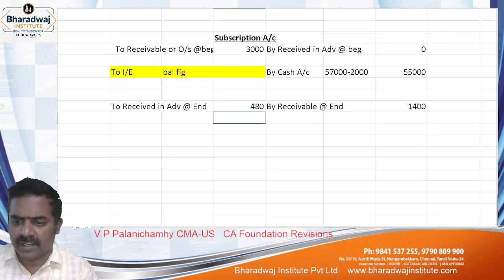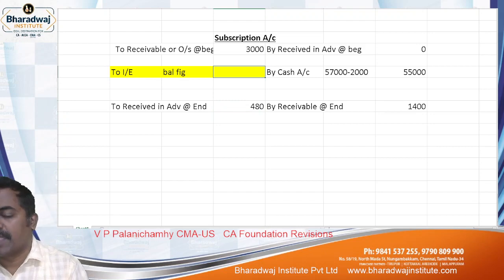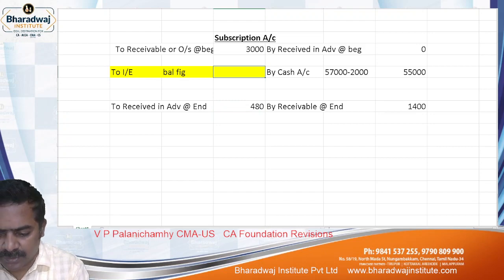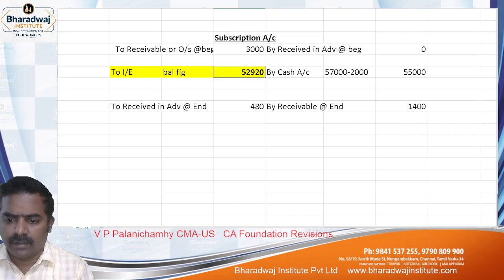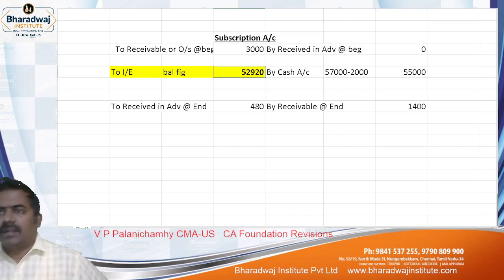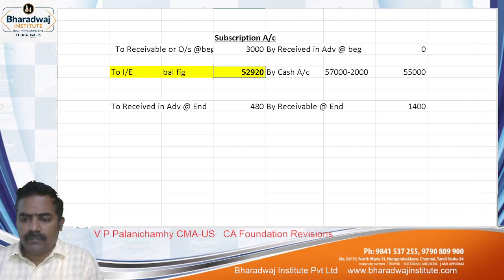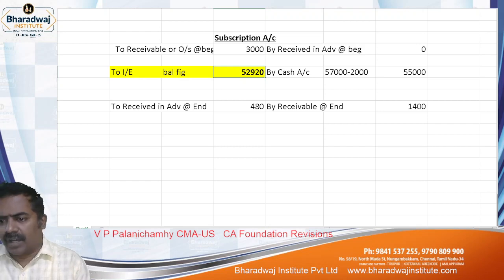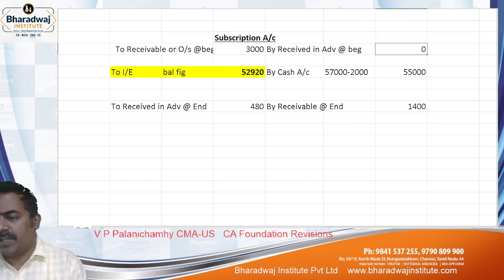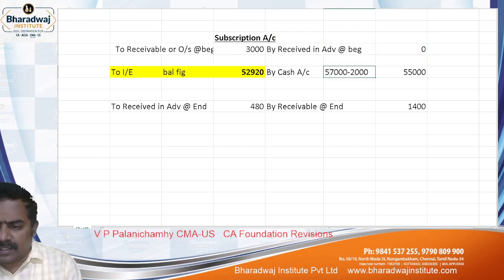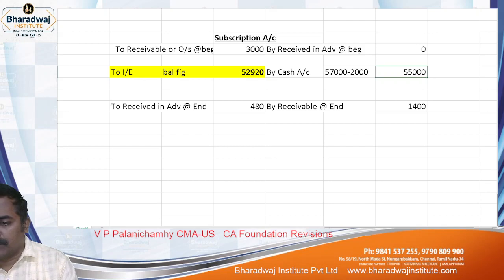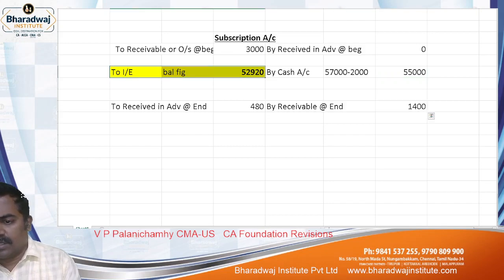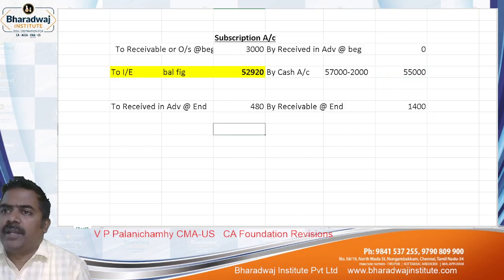Tally as a balancing figure, what is the income you are getting? 52,920. Advance at the beginning of the year is not given, so we assume it is 0. The cash collection includes contribution for indoor games; eliminate that and take it. So income is 52,920.